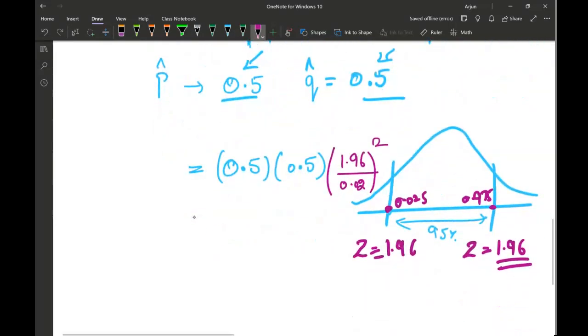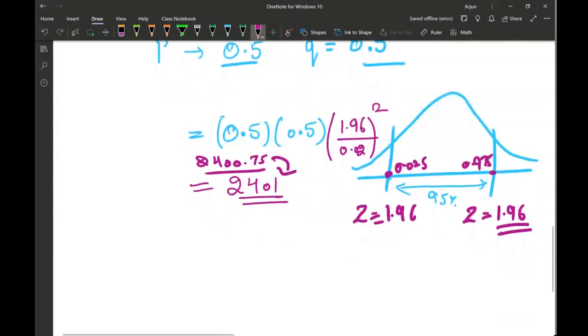So we're going to get the value approximately, if you do the calculation, the value will come out to be approximately 2401. Remember this number, if you got 2400.75 or 1535, doesn't matter, you just always round up this number.